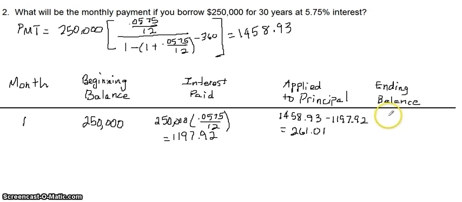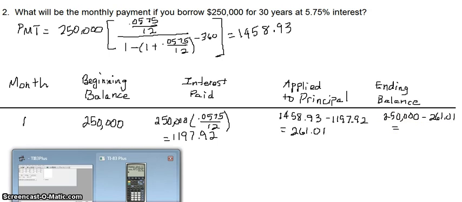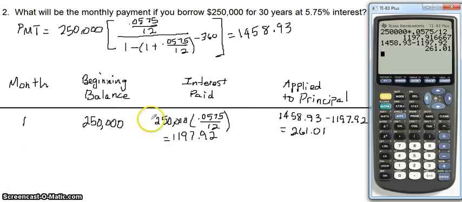So your ending balance that first month is $250,000 minus the $261.01 that you paid off in the first month. So $250,000 minus $261.01 gives us $249,738.99.